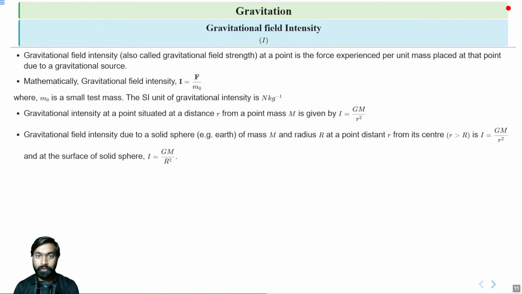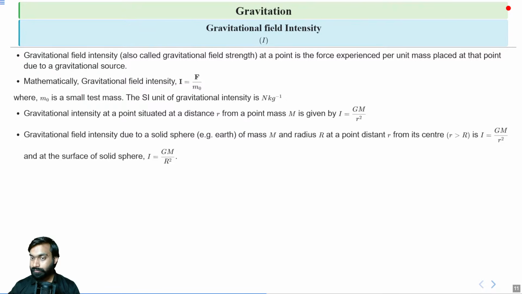And at the surface of the solid sphere, I equals GM divided by R square. Listen carefully, here both r are different. Small r is the radial distance and capital R is the radius of the earth.